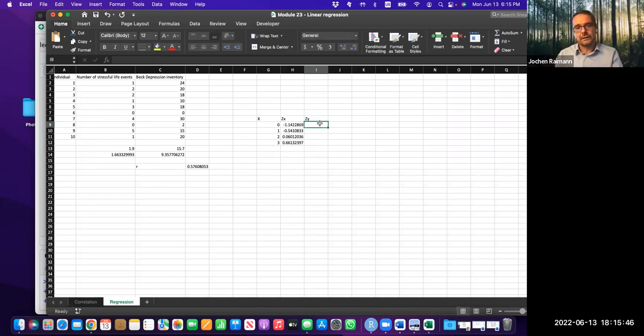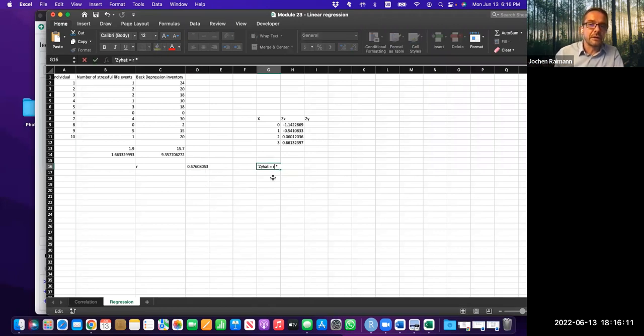Now we do z_y. There's a relationship in which z_y hat is r multiplied by z_x. This is just a back-of-the-envelope calculation and is not as mathematically beautiful as in the slide.